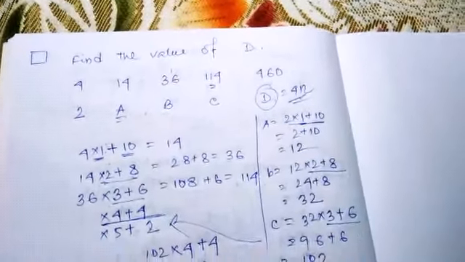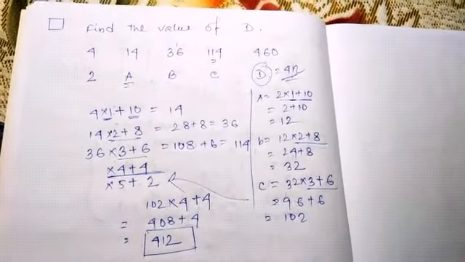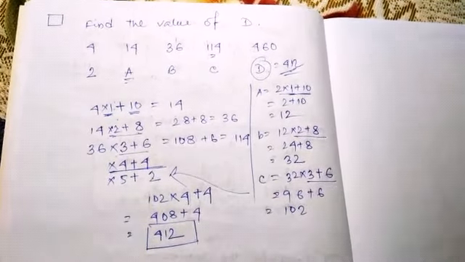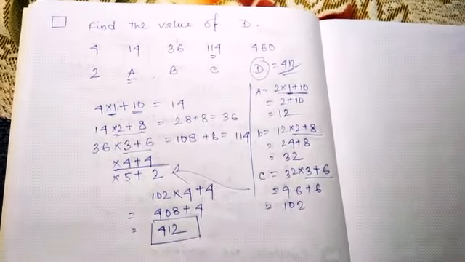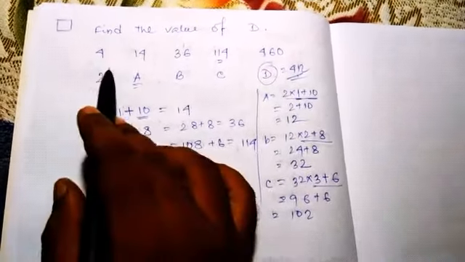Clear? So in this two-line series, the first thing is that you have to find the sequence of the first series.